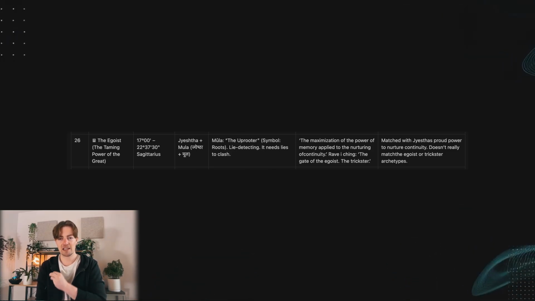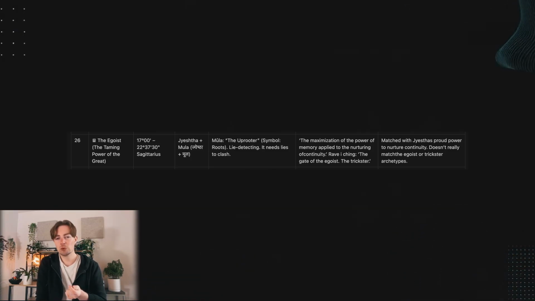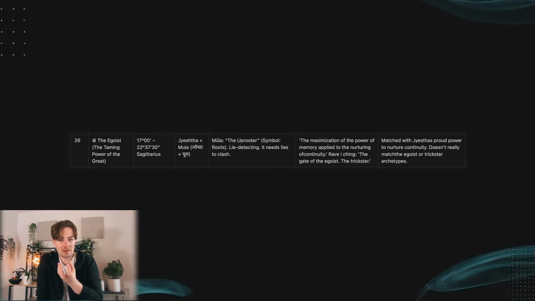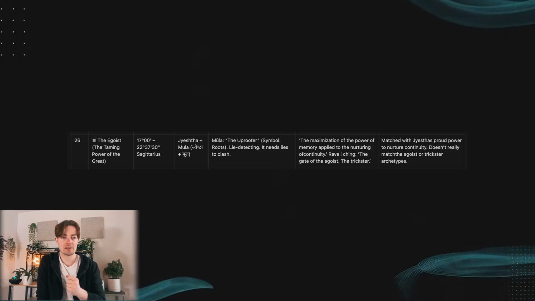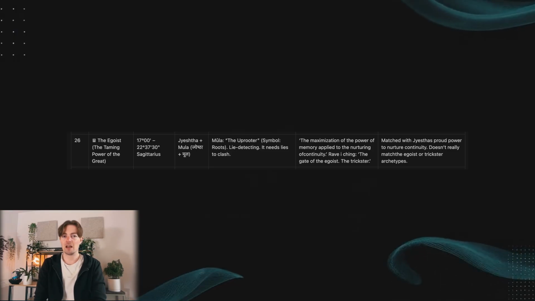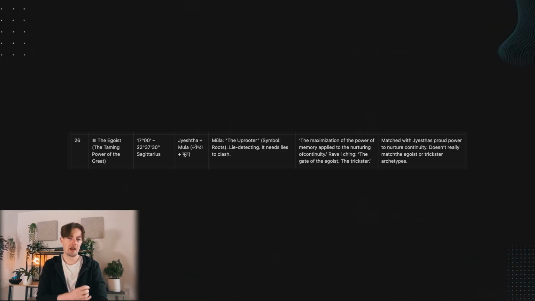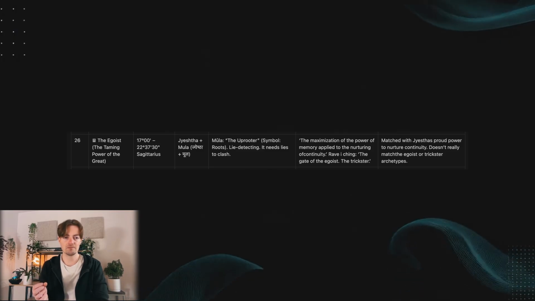Doesn't really match the egoist or trickster archetypes. Mula is like the root of a tree, the root of things being on the ground and uprooting things. I don't really see how it's matched with this gate of the egoist or the trickster. I don't really see how it's matched to the Sagittarius archetypes either, so it doesn't really get a score for me.